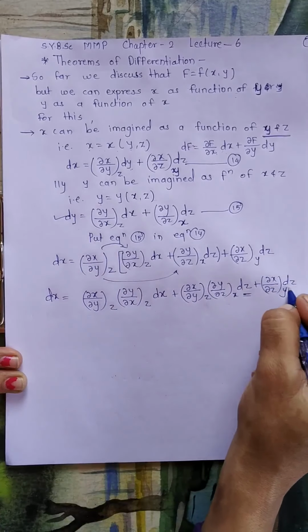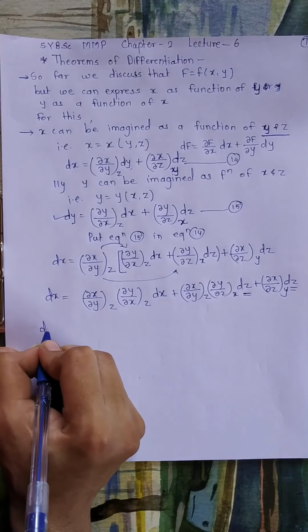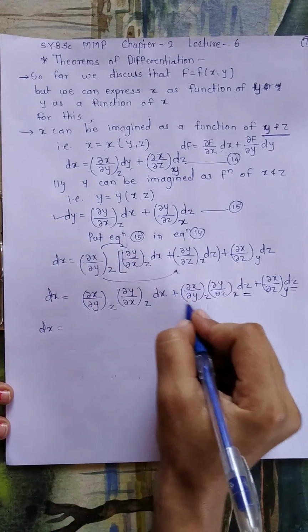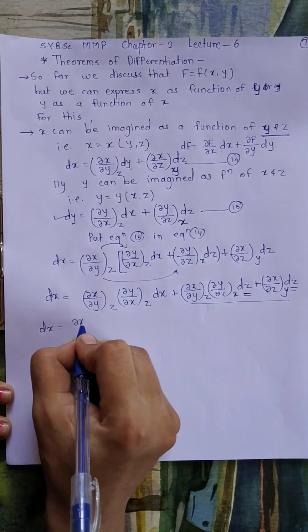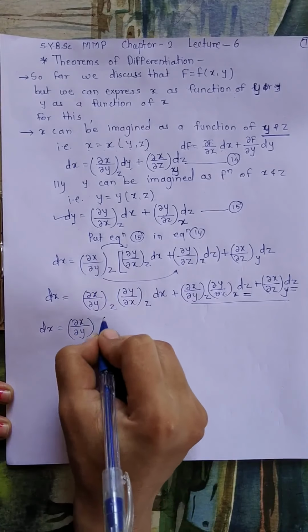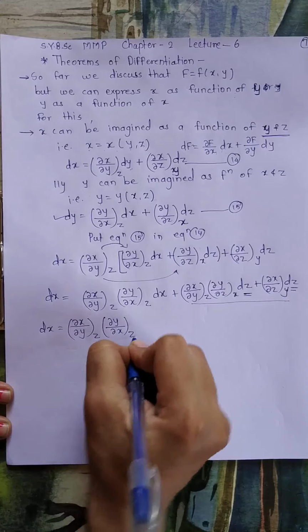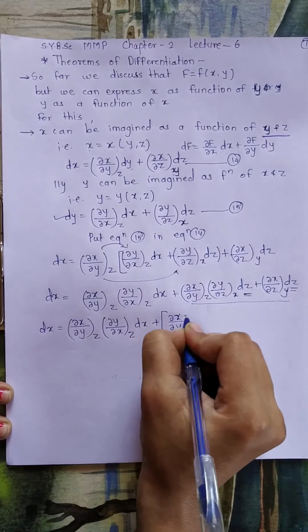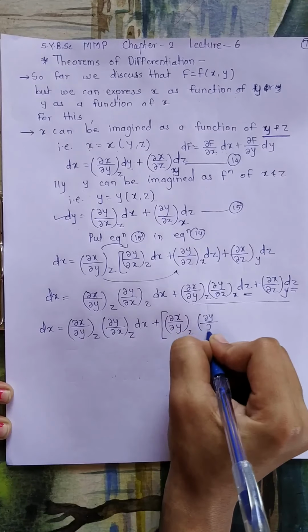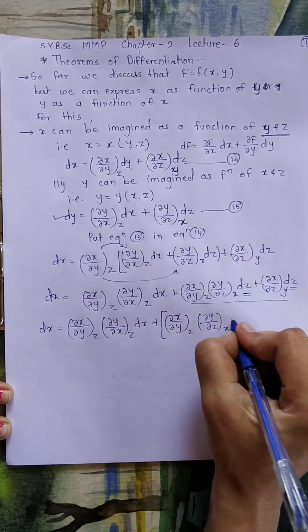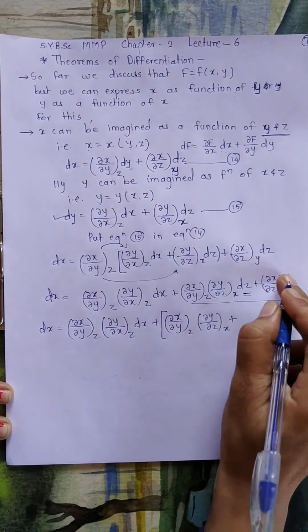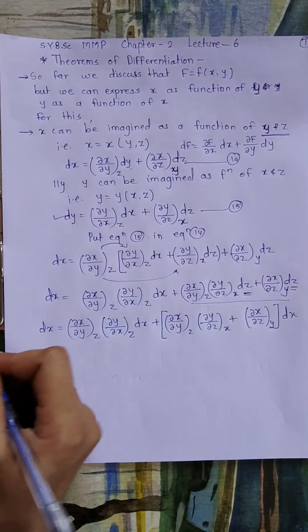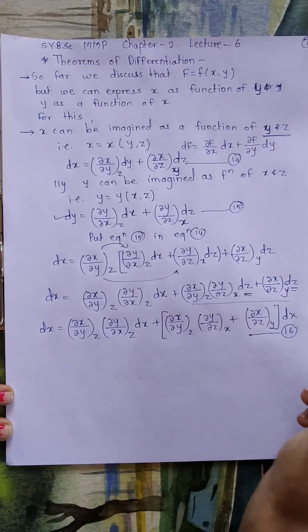From these last two terms we can take dz common, so dx equals dou x upon dou y at constant z into dou y upon dou x at constant z dx, plus dz times the bracket of dou x upon dou y at constant z into dou y upon dou z at constant x, plus dou x upon dou z at constant y. Let me call this equation number 16.